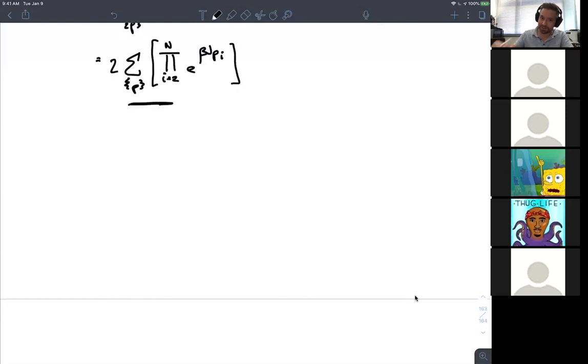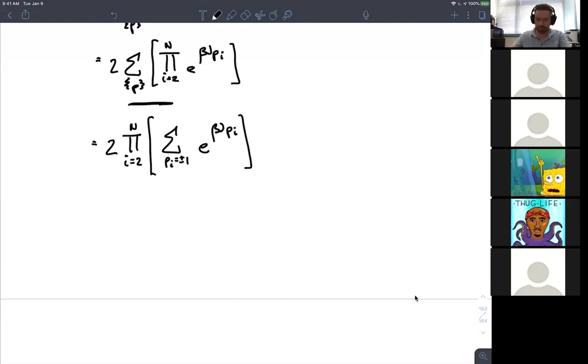So now what I'm going to do is simply switch the order in which I do the sum and the product. So I get 2, product from i equals 2 to n, sum over pi equals plus or minus 1, e to the beta J pi. All right, cool.